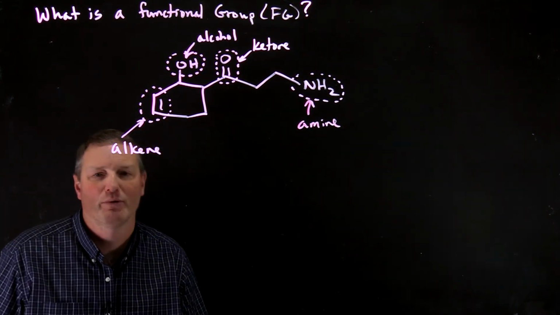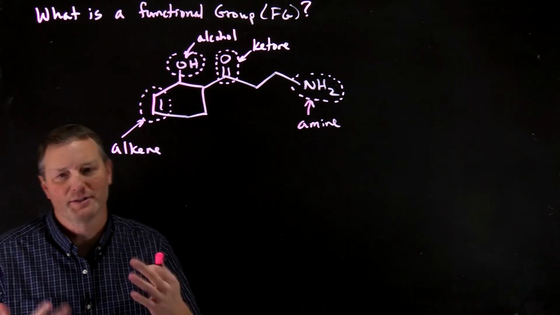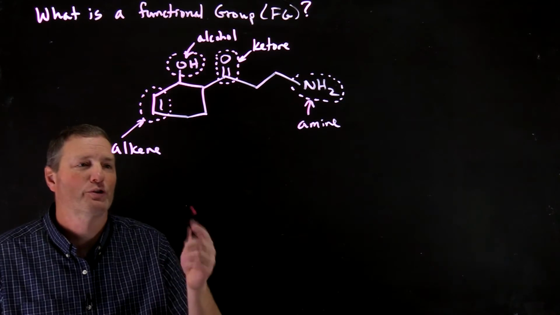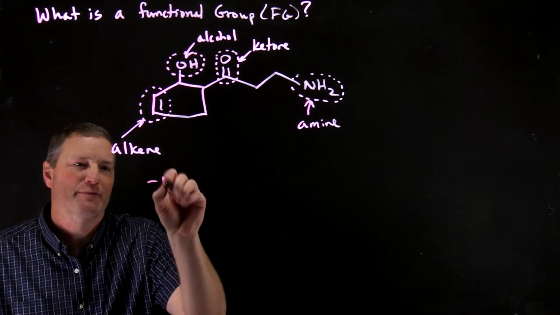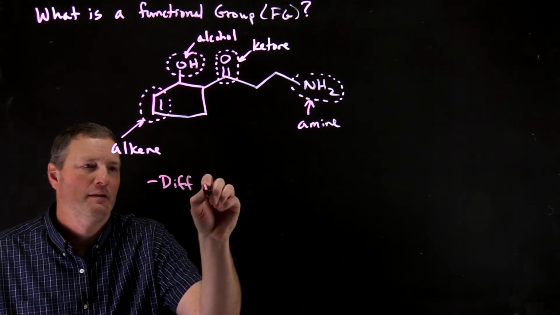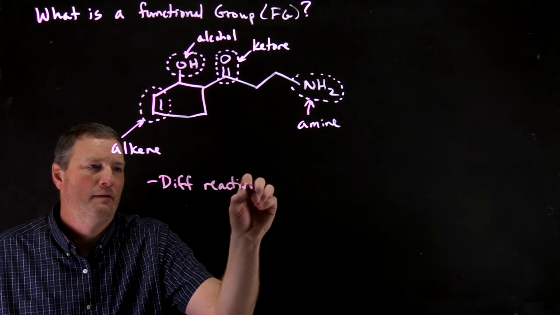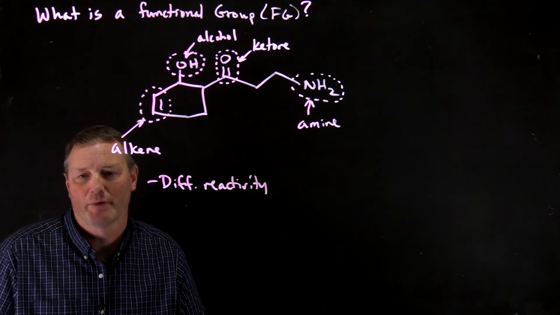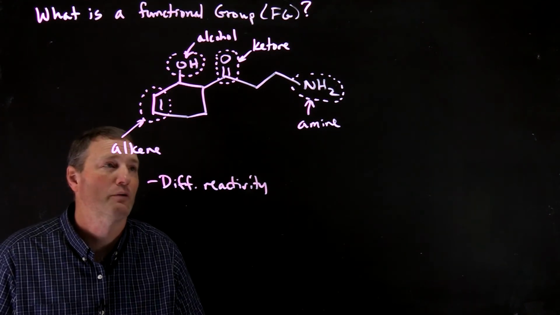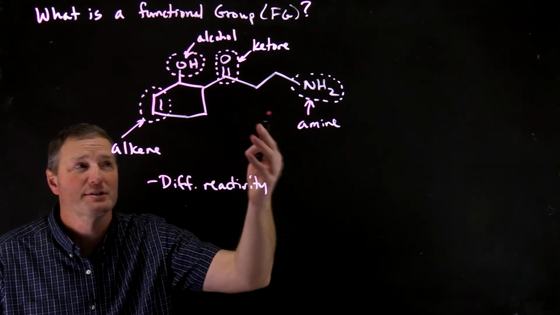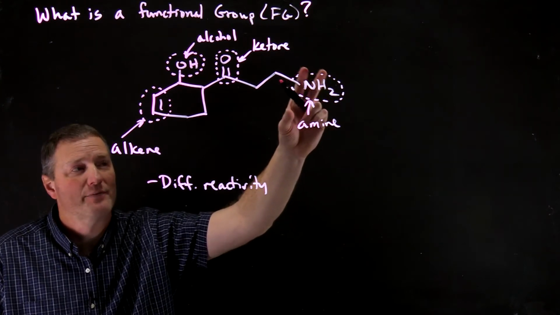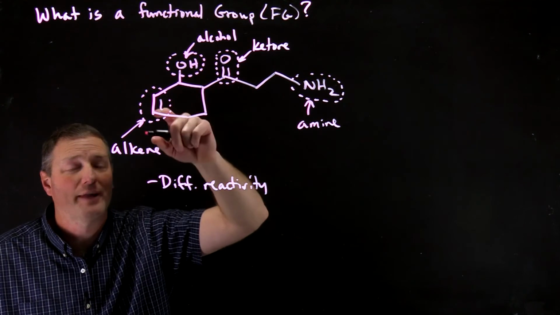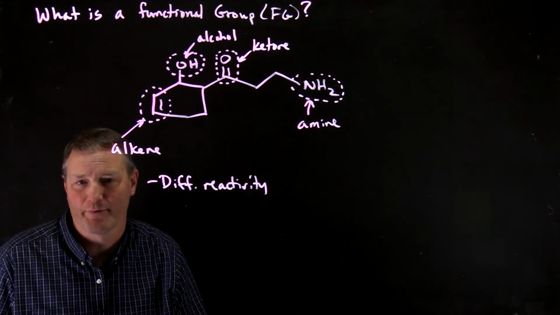So you might be asking, well, why is this important to me? You know, why do I need to know about functional groups? Well, functional groups, as I mentioned, they have different reactivity. So certain parts of the molecule are going to be able to either undergo a reaction, or be differentiated between certain sides. So this amine group has some very specific reactions that only amines can do. Alcohols, ketones, and alkenes can't undergo those same type of reactions.